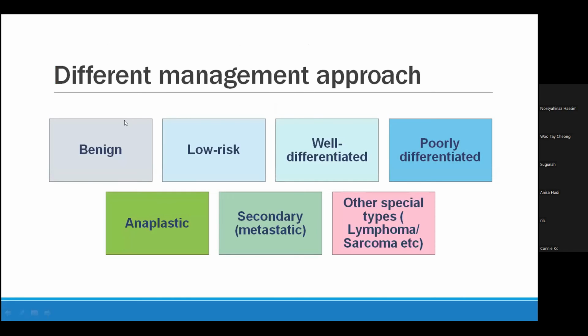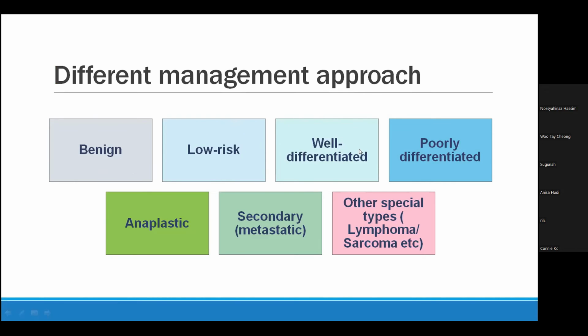So why do we have to be careful in diagnosing different kinds of lesions? Because, remember, in thyroid lesions we can have different patterns and different categories. Benign, low risk, for example NIFT-P, well differentiated tumor of uncertain malignant potential, capsular invasion only, they are all low risk.